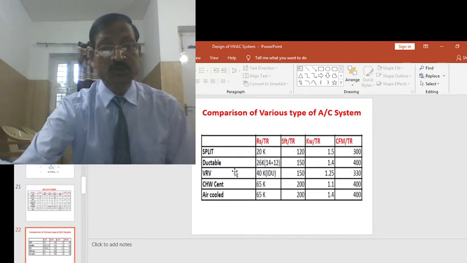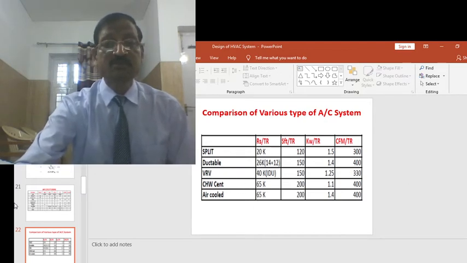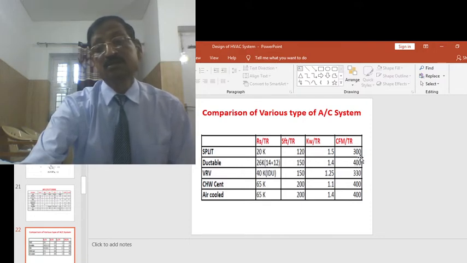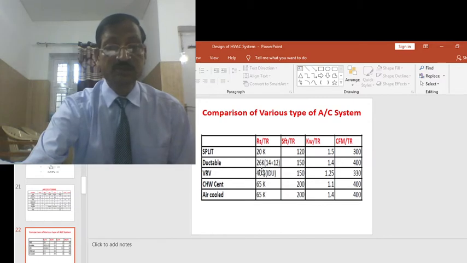In the case of a split unit, the tentative cost is around 20,000 per ton, load 120 square feet per ton, power consumption 1.5 kilowatt per ton, and 300 CFM per ton. In the case of ductable, 26,000 per ton, 150 square feet per ton, power consumption 1.4 kilowatt, and 400 CFM per ton.